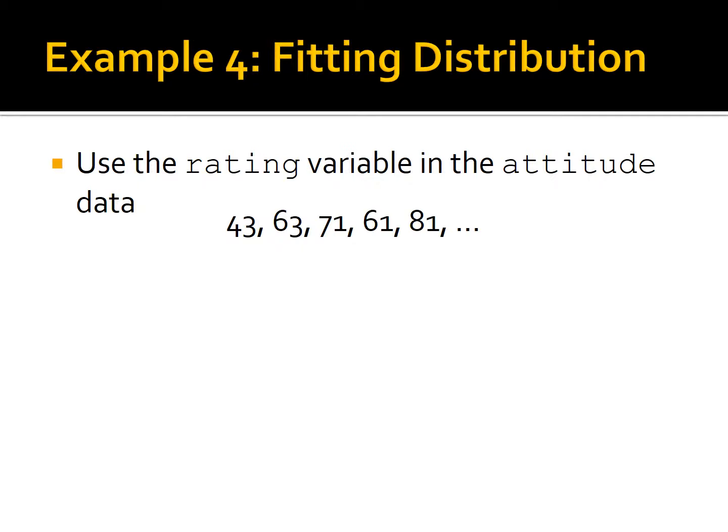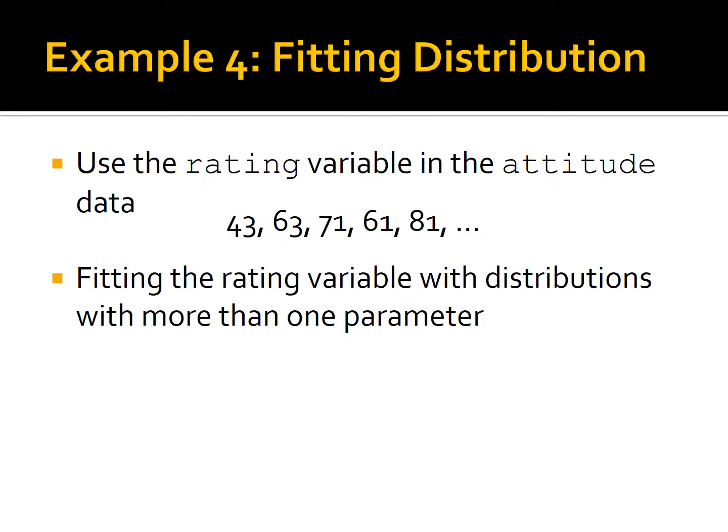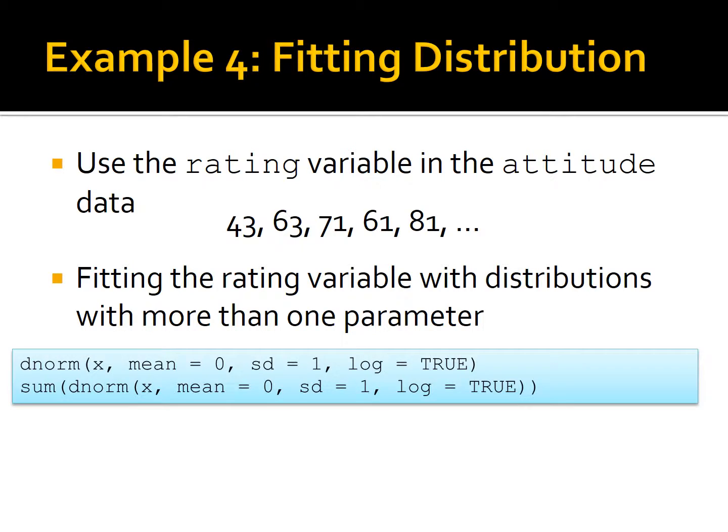Again, I use the rating variable in the attitude data. And then I fit the rating variable with a distribution that has more than one parameter. For example, the normal distribution, I use the density function of the normal distribution. X is the vector of the rating variable, with mean of 0, standard deviation of 1, on the log scale.